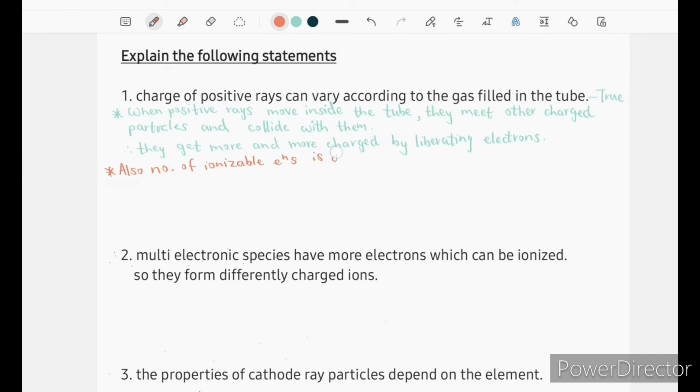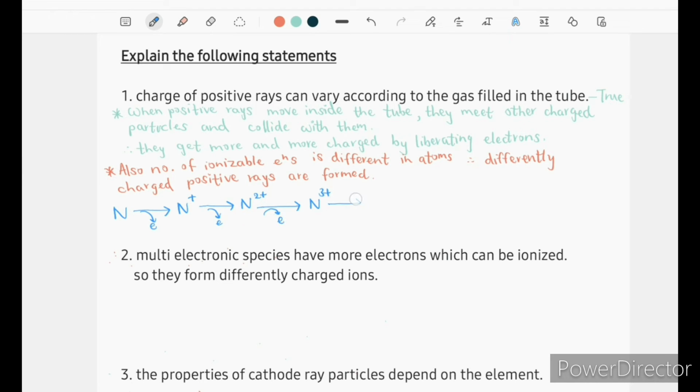Also, number of ionizable electrons is different in atoms. Therefore, differently charged positive rays are formed. Ions like N+, N2+, N3+ formed by removing electrons from nitrogen atom are called positive rays.